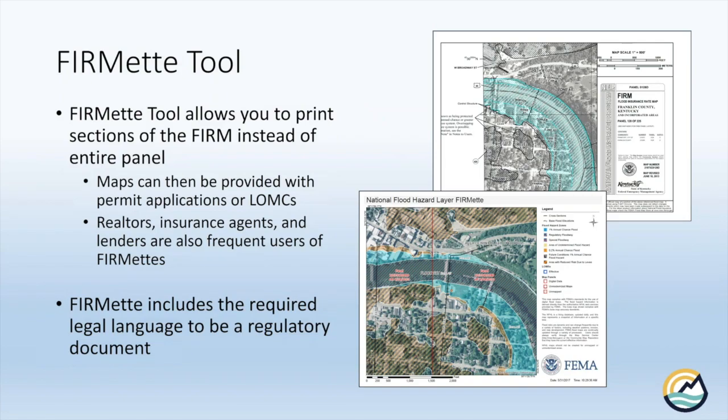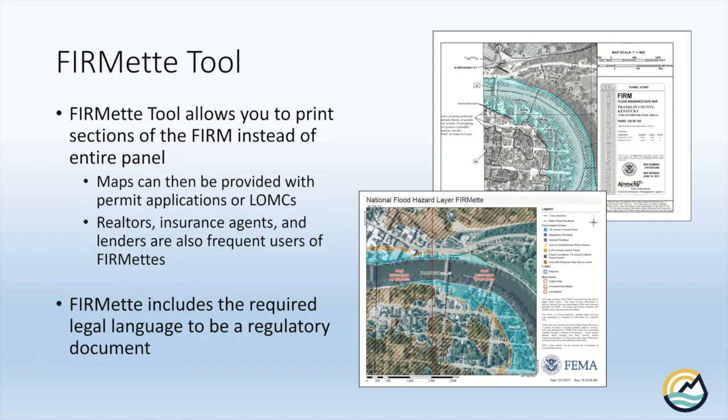This allows you to, instead of trying to print the whole 3 by 3 map, just print the section of the map you're interested in instead of the entire panel. So then you can actually take that map and provide it for applications, letters of map change, things like that. And then insurance agents, realtors, lenders, they can use those as well, since they're readily available.